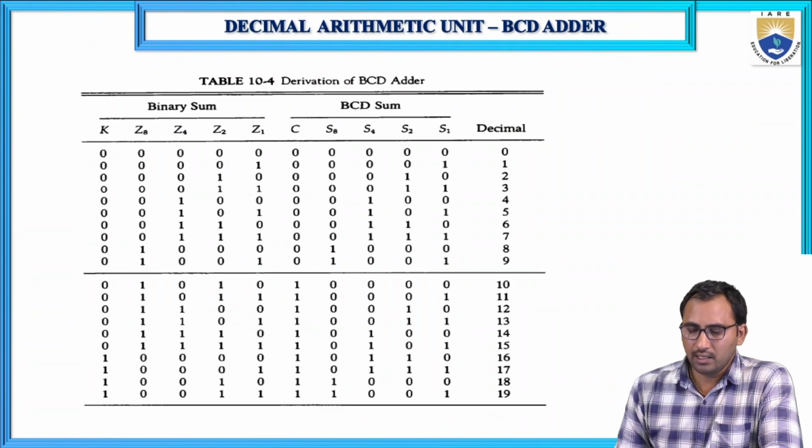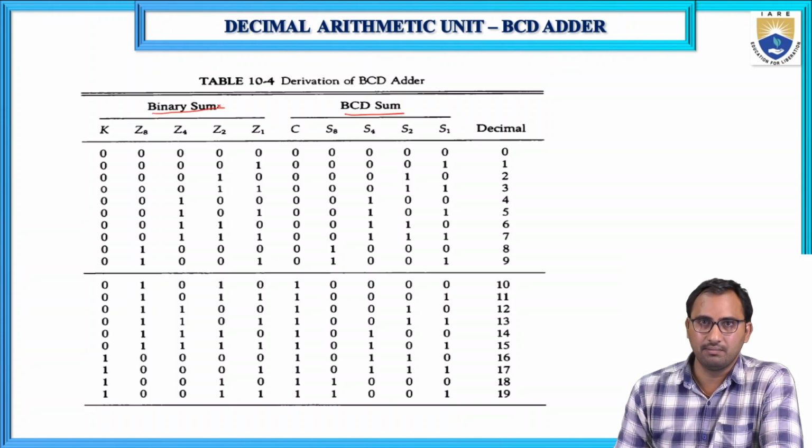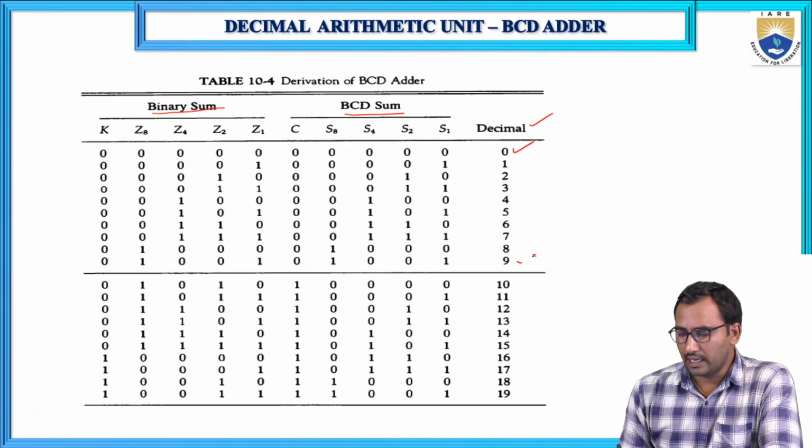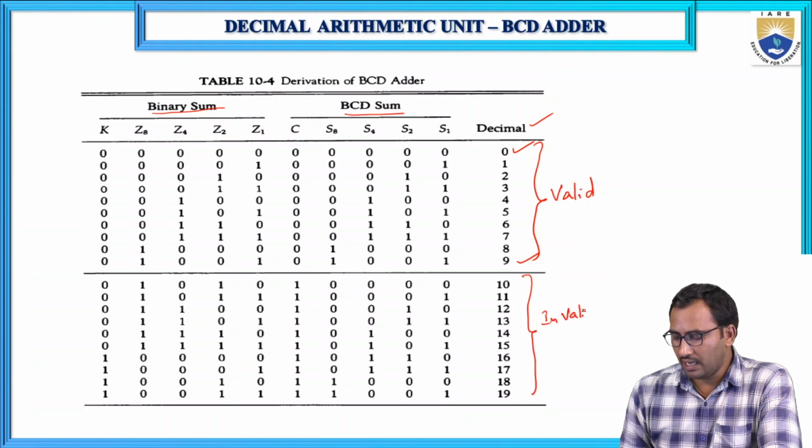So here you can see the derivation of the BCD adder. It shows a BCD sum and a binary sum. Here the decimal numbers are represented. The decimal numbers from 0 to 9 are the valid BCD numbers, and from 10 to 19 are the invalid BCD numbers.